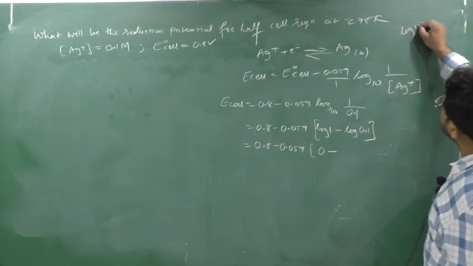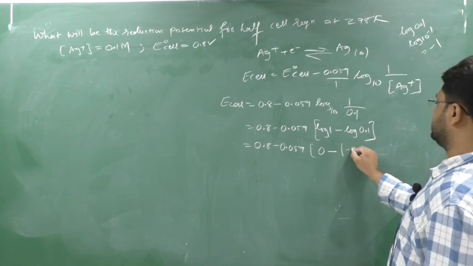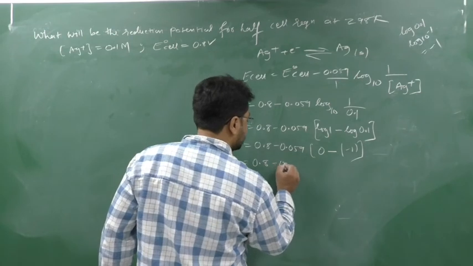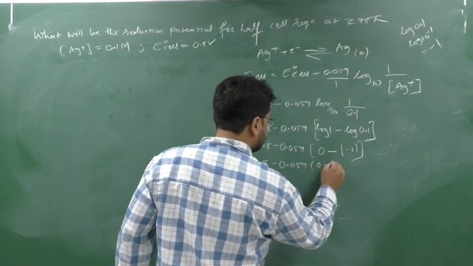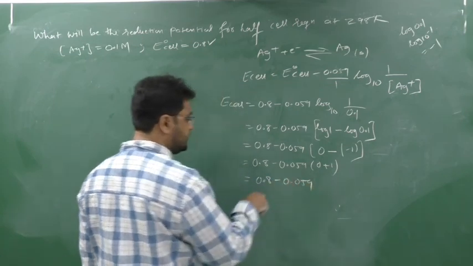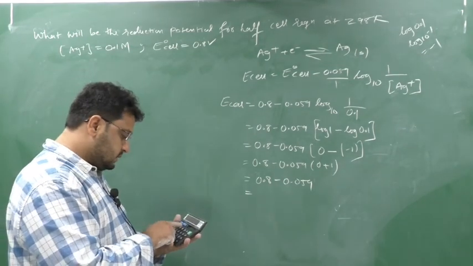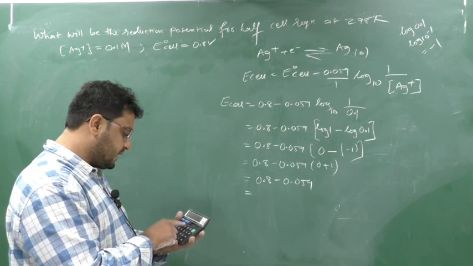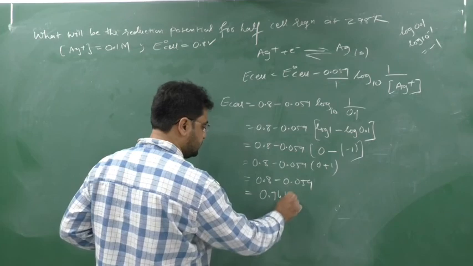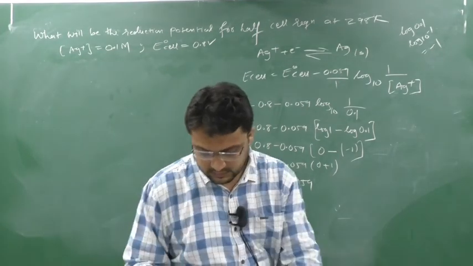See, log 0.1 is log 10 to the power minus 1, which is equal to minus 1. So here minus 1. So 0.8 minus 0.059, 0 plus 1, that is only 1. So 0.8 minus 0.059 is 0.741 volt. Correct answer. So that is the answer.